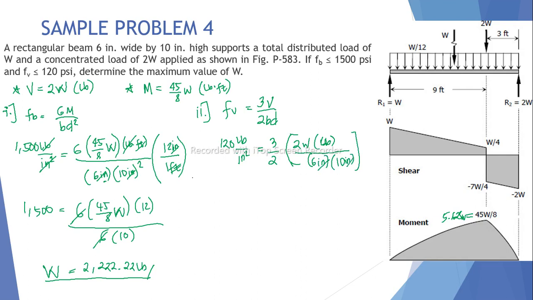The inches cancel the square inch, the pounds cancel, and the 2 cancels the 2. So to make life easier, 120 is equal to 3W over 6 times 10. From here, we solve that W is equal to 2,400 pounds.